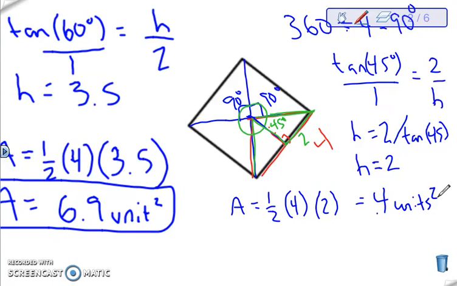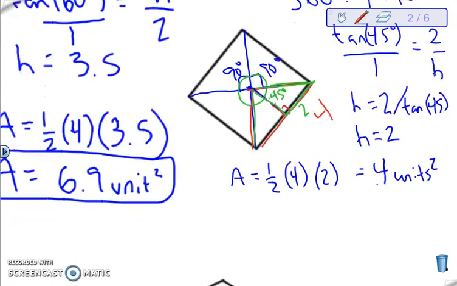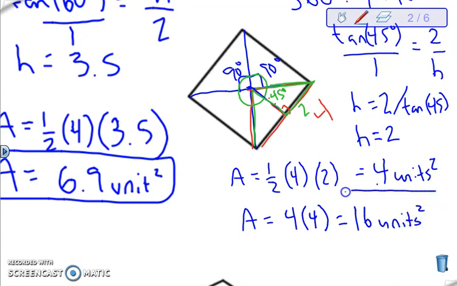But that is only for one of those 4 triangles. So to get the total for the whole figure, I'm just going to take that number and multiply it by 4 because there's 4 triangles in the figure. So 4 times 4, and that gives me 16 square units.